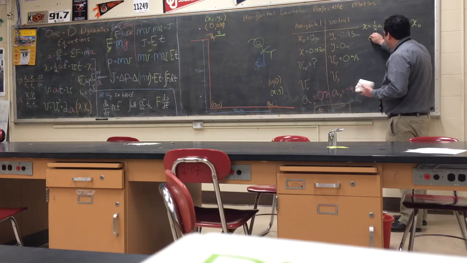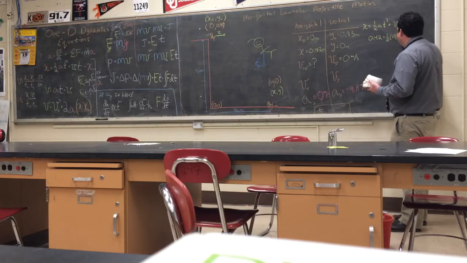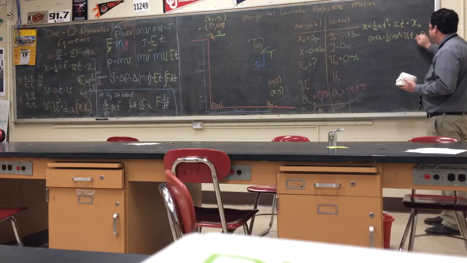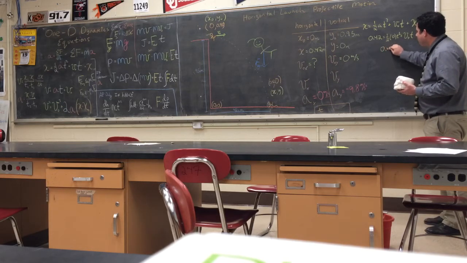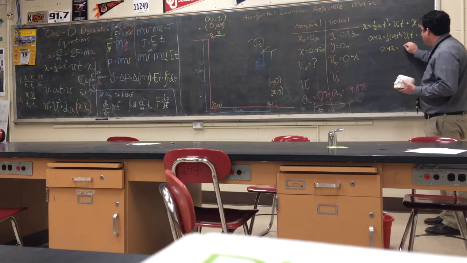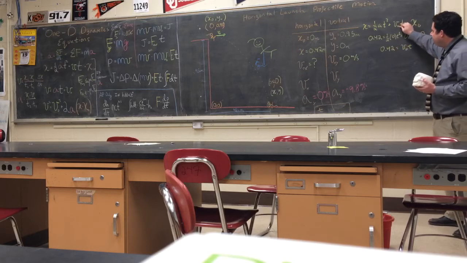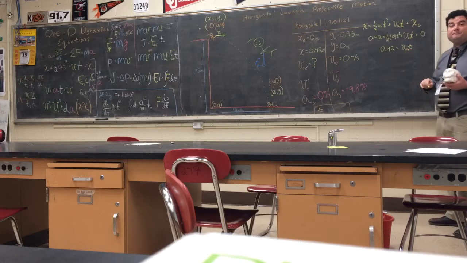X is 0.42, and that's equal to 1/2 times 0 t squared plus V0x t plus 0. Or 0.42 is V0x t. We can't solve that any farther because we don't know V0x and we don't know t.